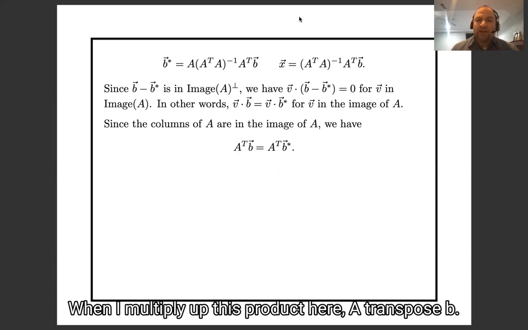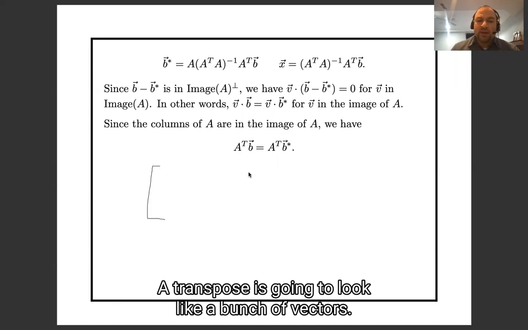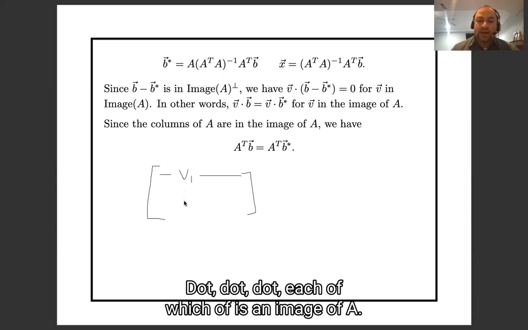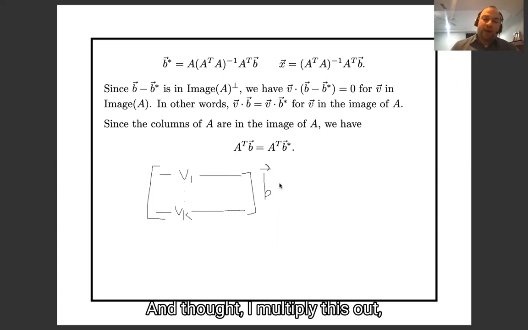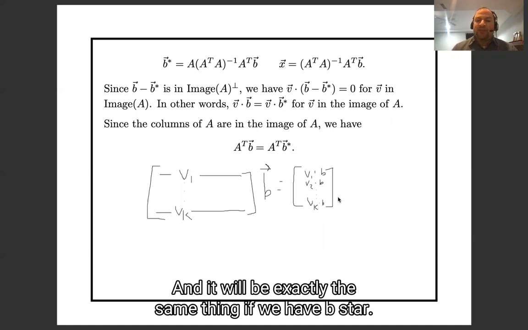When I multiply out this product, A transpose B, A transpose is going to look like a bunch of vectors, each of which is in the image of A. And so when I multiply this out, I'm going to get v1 dot B, v2 dot B, etc. And it would be exactly the same thing if we had B star.